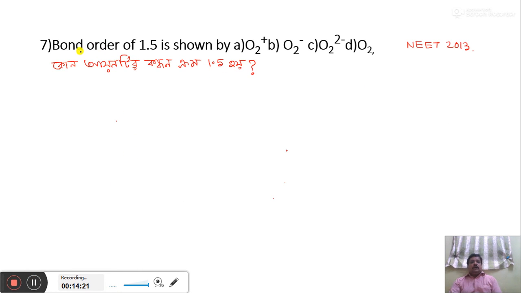My next question is, bond order value 1.5 is shown by O2+, O2-, O2 2- and O2. To solve this problem, at first you can write the MOs of the following species and then calculate the bond order.